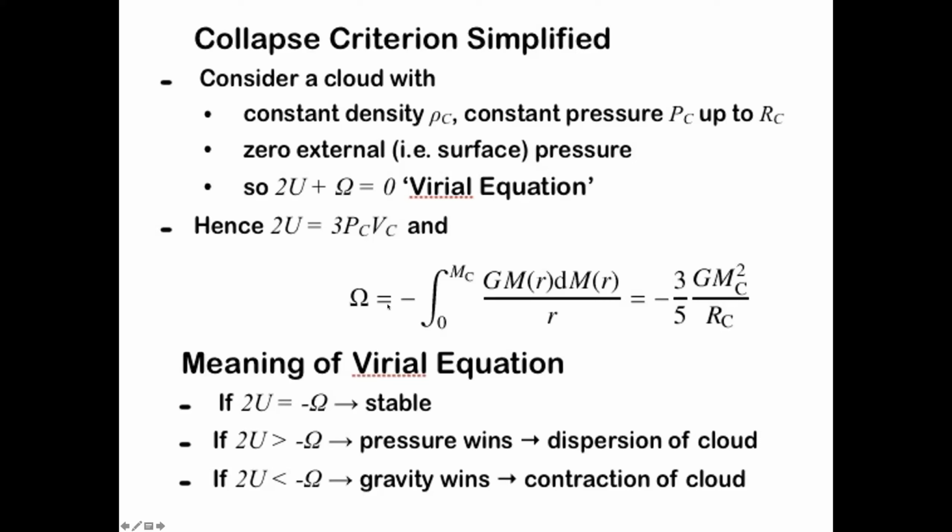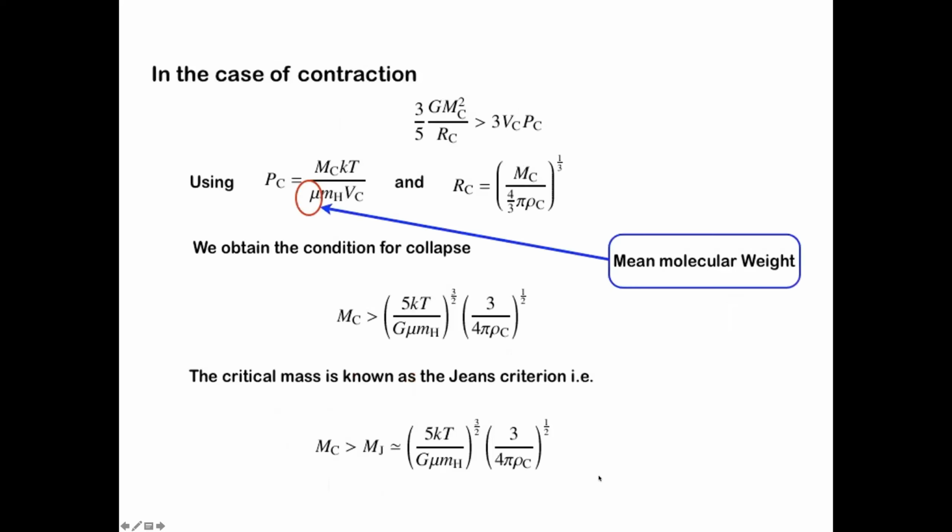Of course, if the two terms are equal, it is in hydrostatic equilibrium. If the pressure term is larger than the gravitational term, you have in this case most likely a dispersion of the cloud, an expansion. We see actually examples of that as well. In the reverse case, gravity wins and you have contraction.